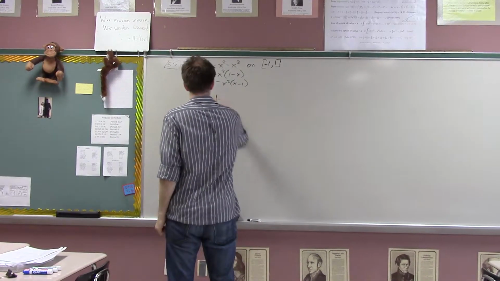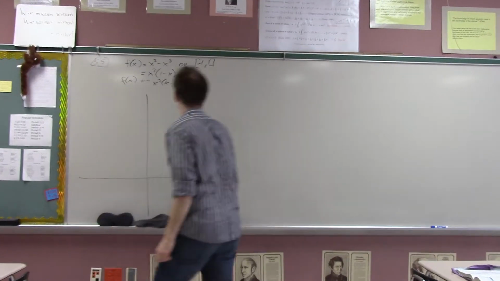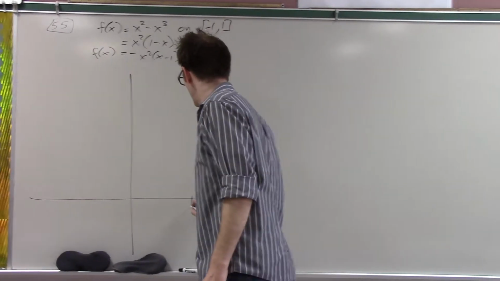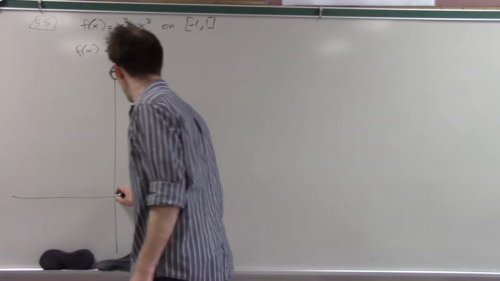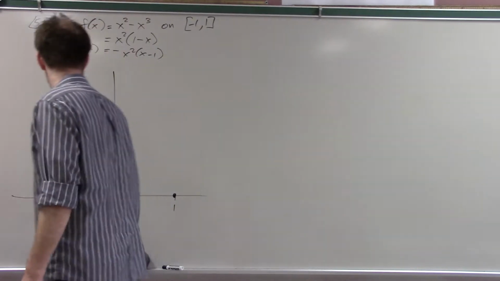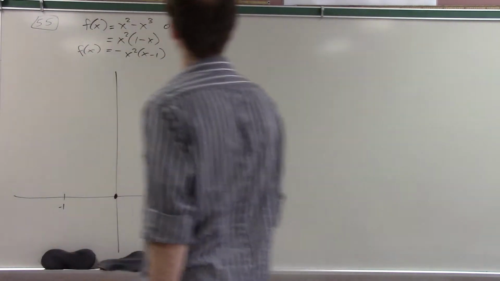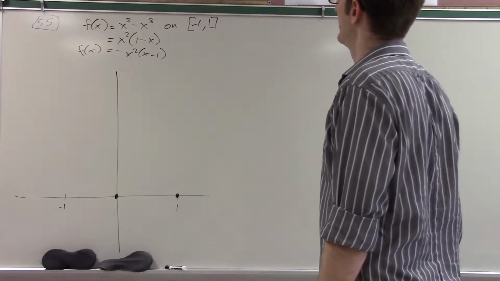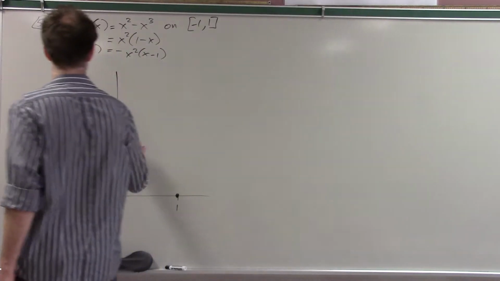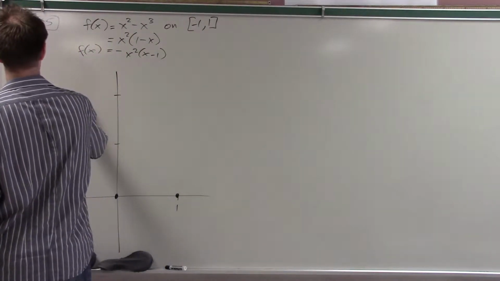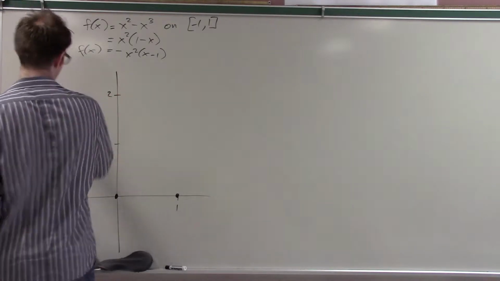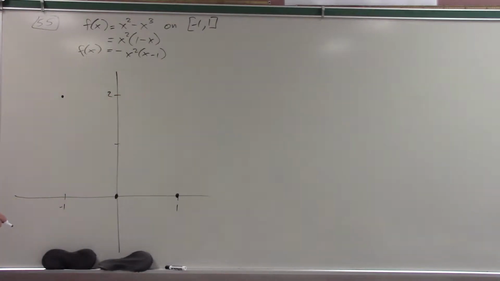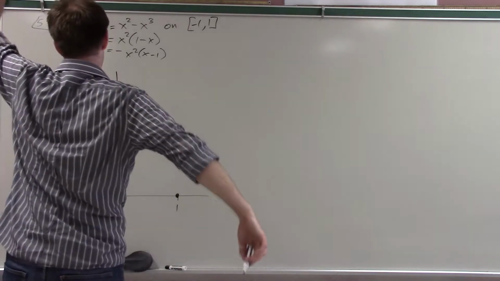Okay, so if I go to graph this, at 1 it's going to be 0, at 0 it's going to be 0, and at -1 it is going to be 2, right? And it's going to be an upside down cubic, so it's going to have end behavior like this.